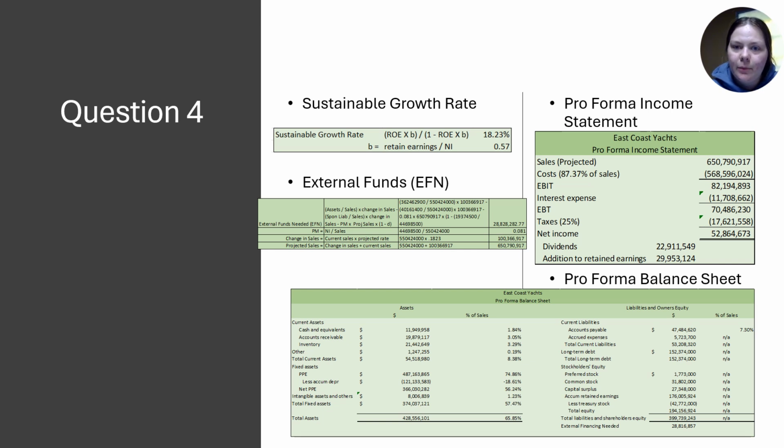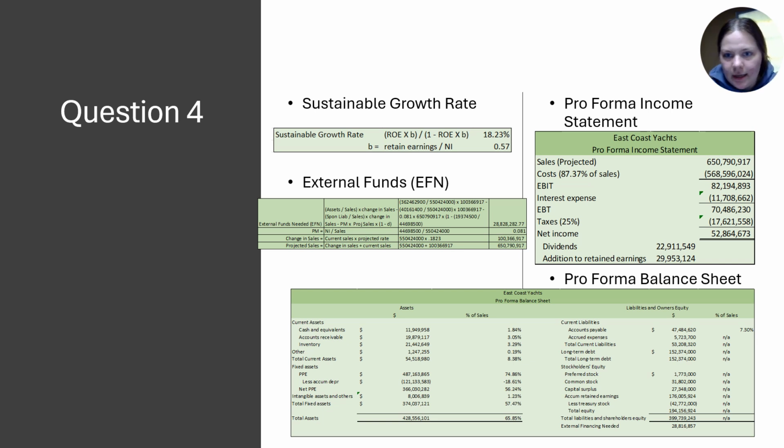Then I did the same with the balance sheet. I took the 2020 balance sheet, current assets, fixed assets, and then accounts payable, and divided those totals by the sales to get what percentage those totals are of sales and multiplied those percentages by the projected sales to get the pro forma balance sheet.